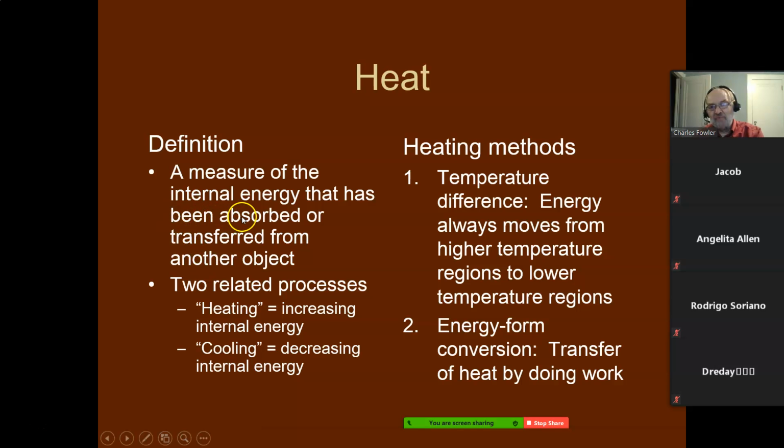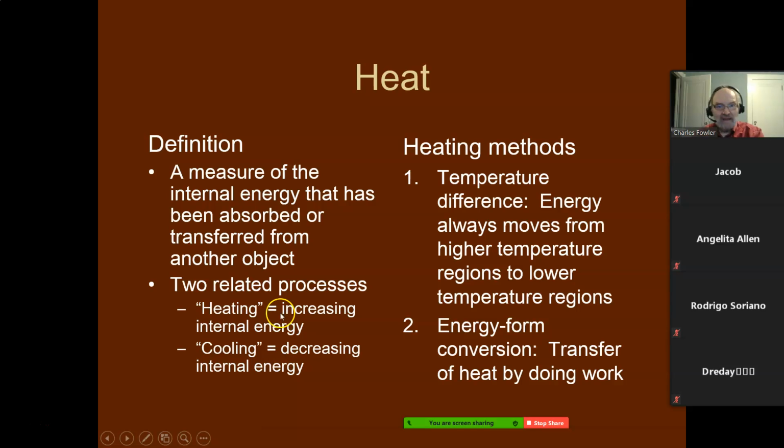If it's being absorbed from another object, then you're heating up the second object, increasing the internal energy of the second object. If, however, it's being transferred from an object to another object, that is then cooling. That's decreasing the internal energy of the object, okay?